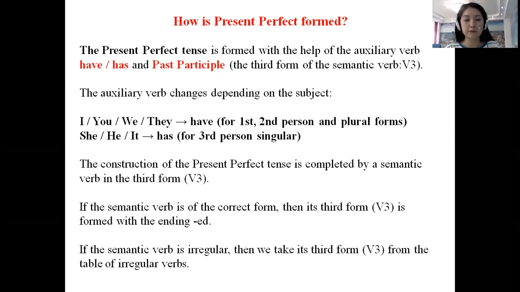If the semantic verb is regular, yes, then its third form is formed with the ending ed. If the semantic verb is irregular, then we take its third form from the table of irregular verbs.